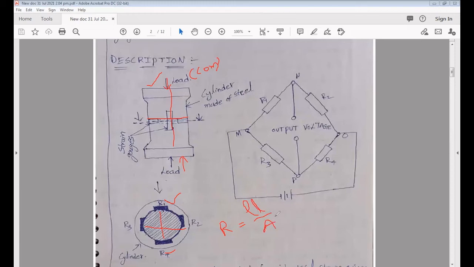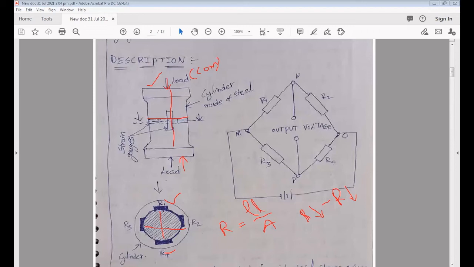So if the length decreases, automatically the resistance will decrease. And if the length increases, the resistance also increases. Which arm length is decreased here?